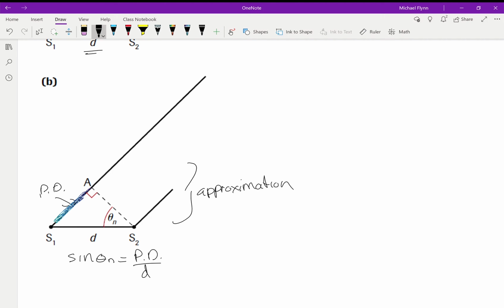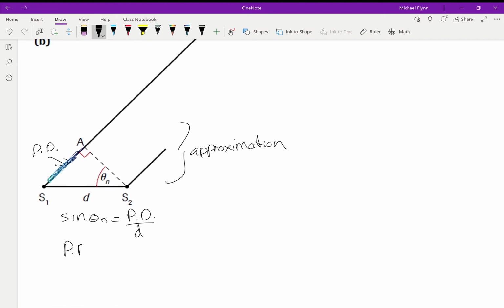Now, we know on the nodes that the path difference has to be an odd multiple of a half wavelength. So therefore, we've just proven another formula, let me write that again: sine theta n equals (n minus 1/2).